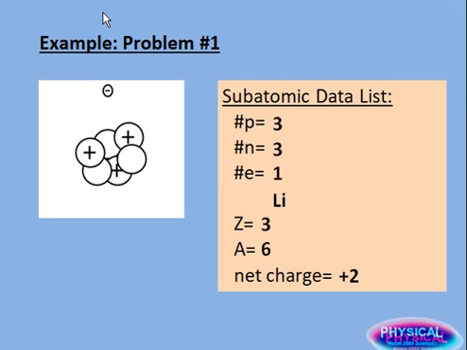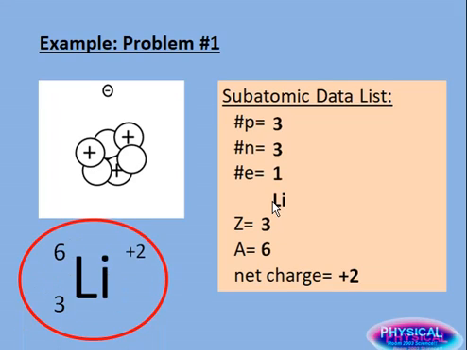Now, with this information, I am ready to write the element symbol, element notation, atom notation, or ion notation. In this case, it's an ion. So we start with the element symbol, Li, and then this is just my habit, I write the Z in next. Remember, Z goes down here lower left, and then the A upper left, and then the net charge.